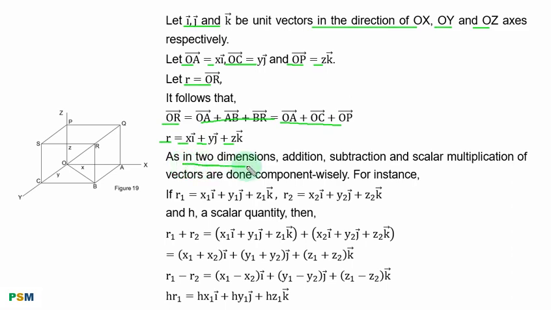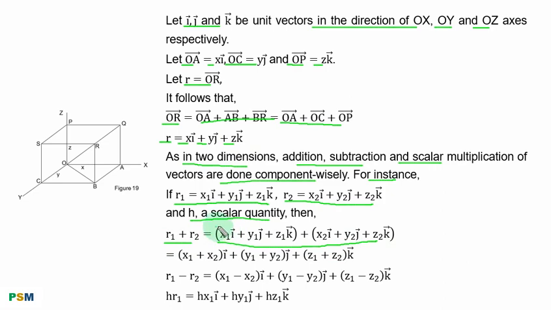As in 2 dimensions, addition, subtraction, and scalar multiplication of vectors are done component wise. For instance, if vector r1 is equal to this, vector r2 is equal to this, and h is a scalar quantity, then the sum of the 2 vectors is equal to this.